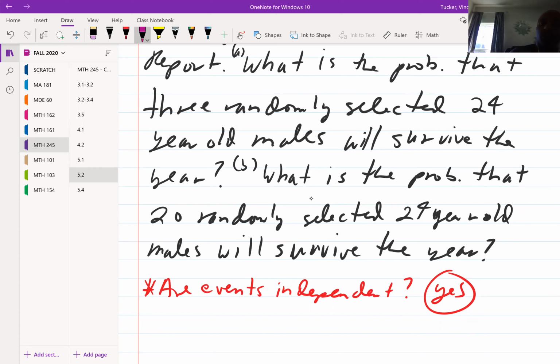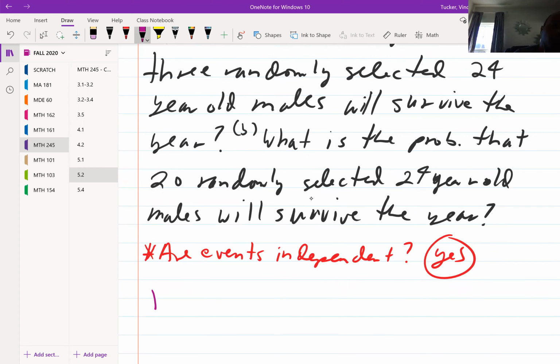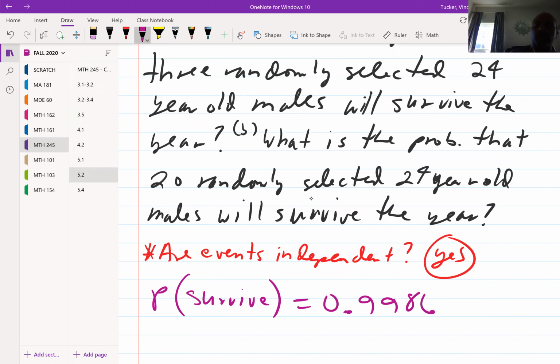I'll do purple. Probability, I'll just say survive. So the probability that a 24-year-old male survives is 0.9986.